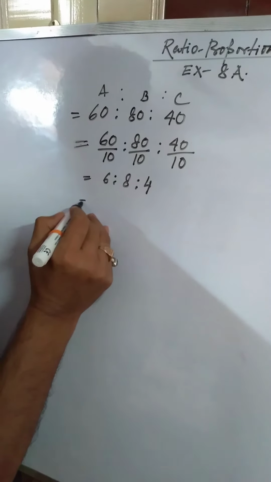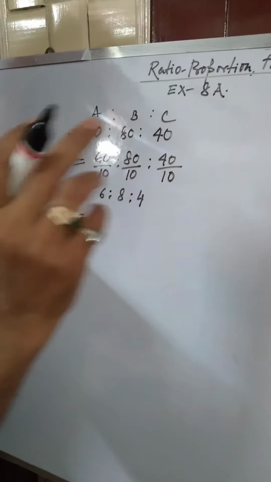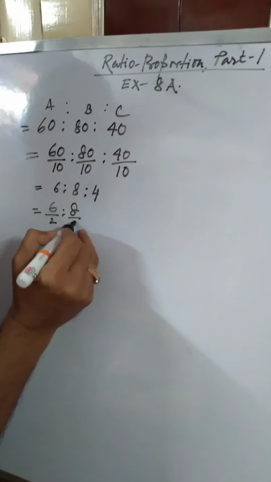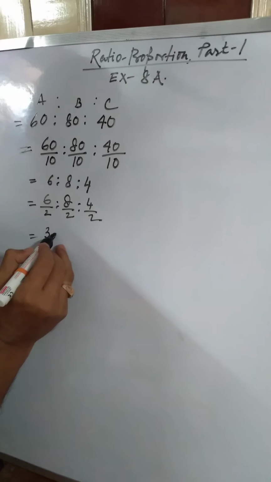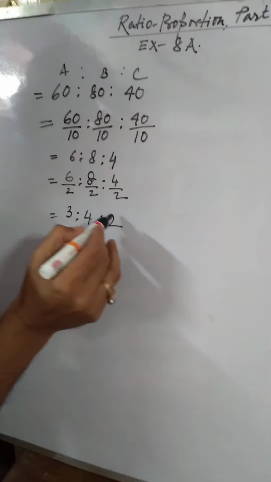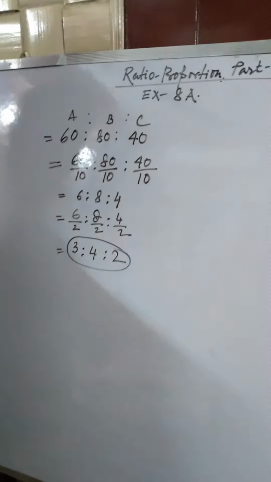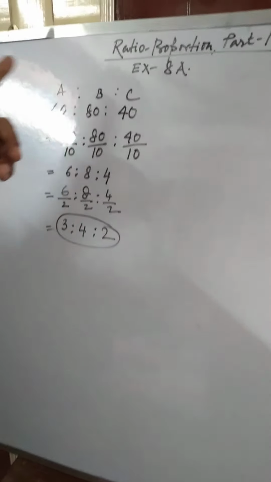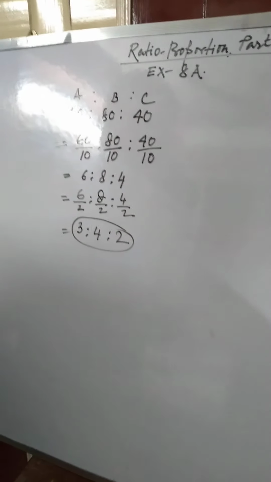Now 6 is to 8 is to 4, all three numbers are divisible by 2. So 6 by 2 is to 8 by 2 is to 4 by 2. So it comes 3 is to 4 is to 2. So the marks obtained by the three students A, B, C out of 100 were 60, 80 and 40 respectively.